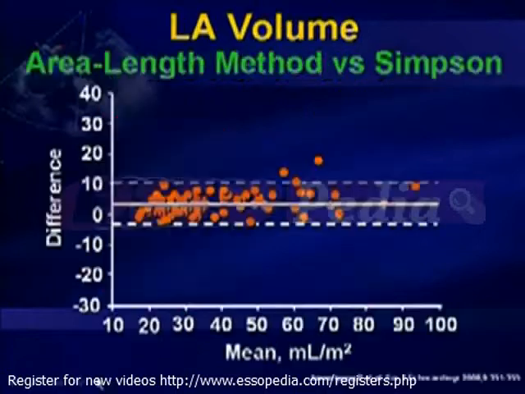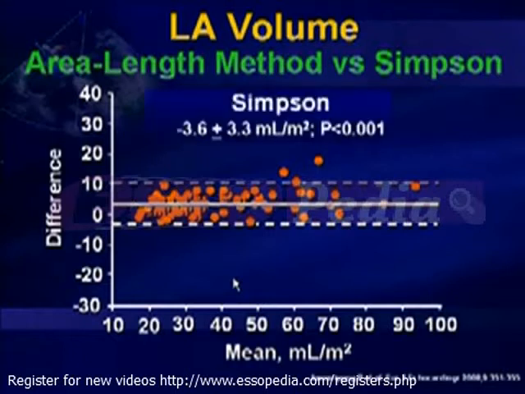What is important to recognize is that although the area length and Simpson's methods yield consistent values with each other at all ranges of LA volume, there are in fact differences in the values obtained by the two methods, such that the Simpson's method yields consistently lower values by about 3 to 4 mils per meter squared than those obtained by the area length method.